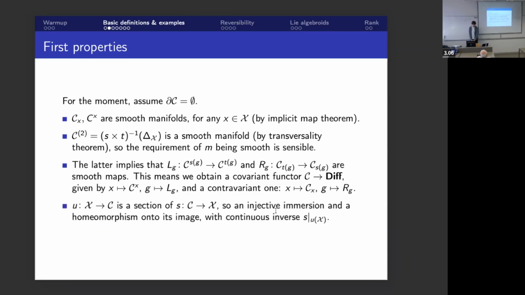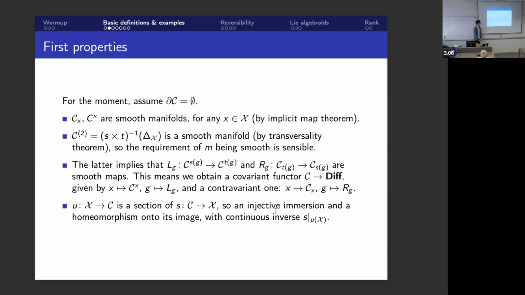And moreover, the units can automatically be seen as the objects of our category, right? We have the following smooth map, the unit map, which goes from the set of all states to our set of all morphisms.